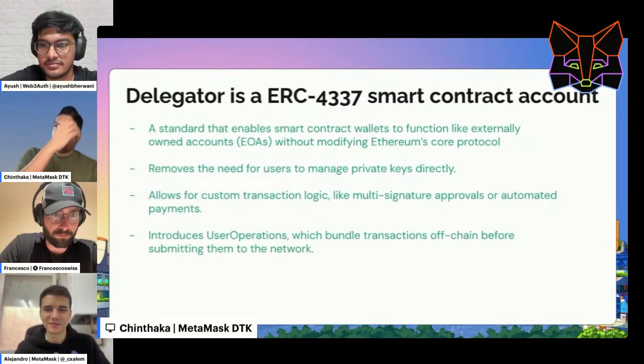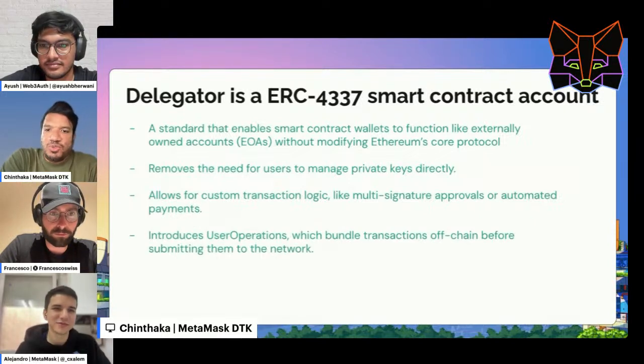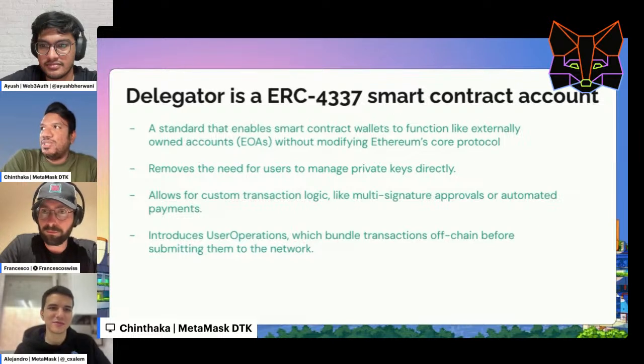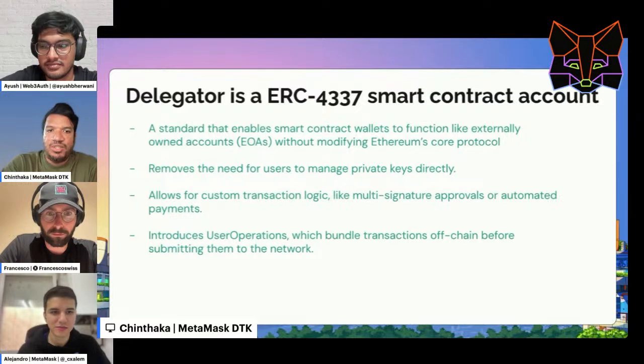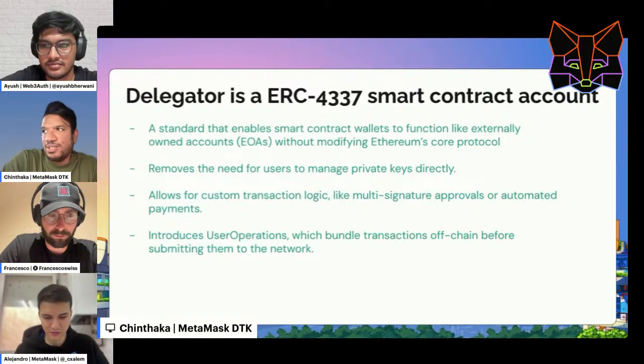The major difference is how we interact with the smart contract wallet. That's the key part. In a regular EOA wallet, you create a transaction, connect to a blockchain node, and send an RPC request to the node itself. But with ERC-4337, you cannot do that because it's not part of the Ethereum core protocol.